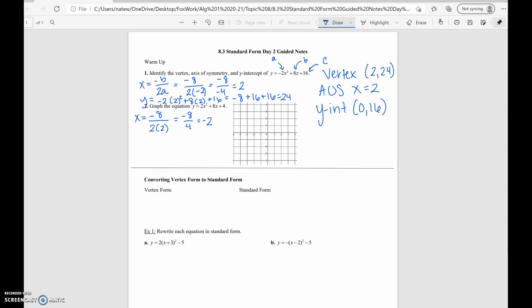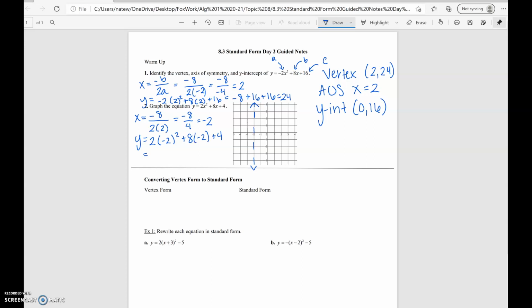So I know my axis of symmetry, where I can cut that graph in half, is at x equals negative 2. Now we need to find the y value of our vertex to know where it is on that line. So we're going to do 2 times negative 2 squared plus 8 times negative 2 plus 4.